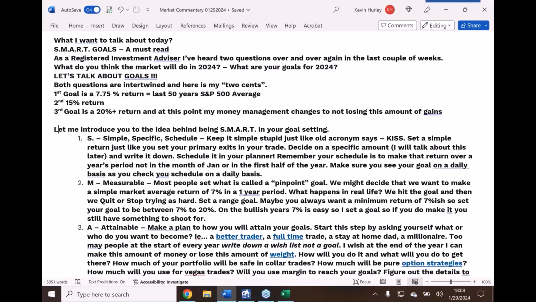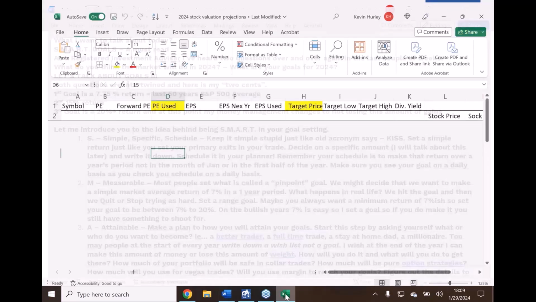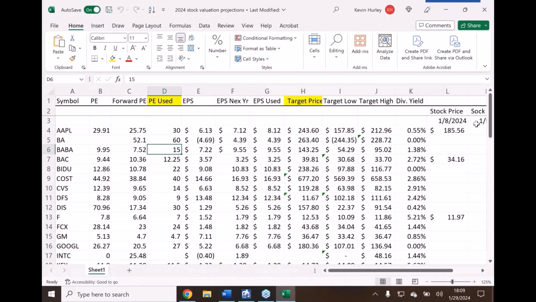What I'm setting for a return are just like the primary exits for your trade. I'm deciding on a specific amount, which is, inevitably, the 7.75, but I'm coming up with those based on the spreadsheet I shared with you.